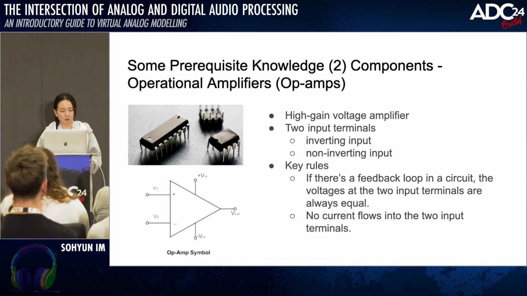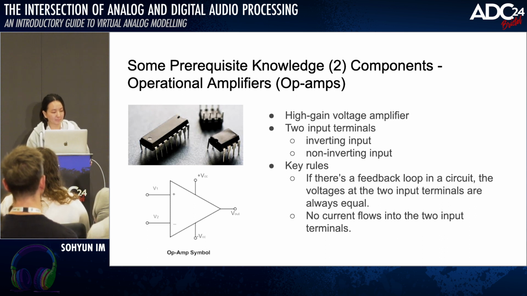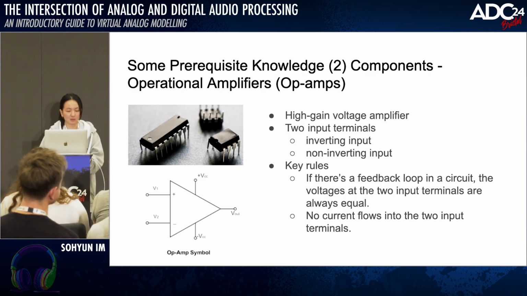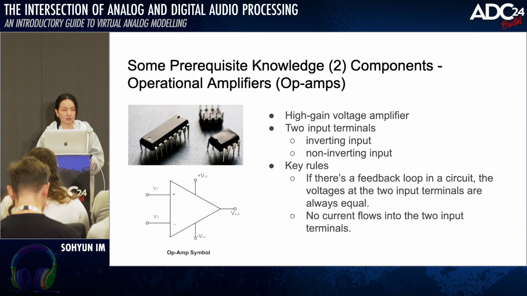And here's an operational amplifier. It is a high gain voltage amplifier. If you see the schematic, there are two input terminals, marked plus and minus. The plus one is the non-inverting input terminal, and the minus one is the inverting input terminal. There are two key rules for the operational amplifier.